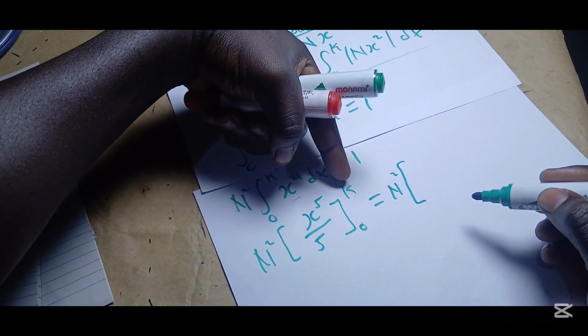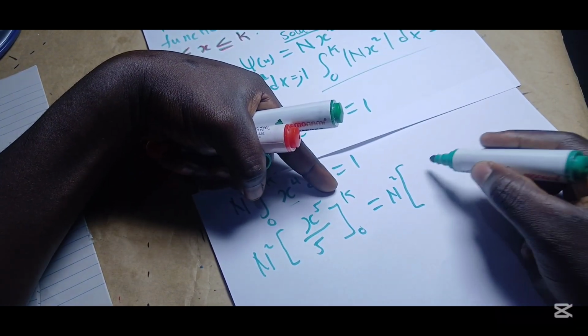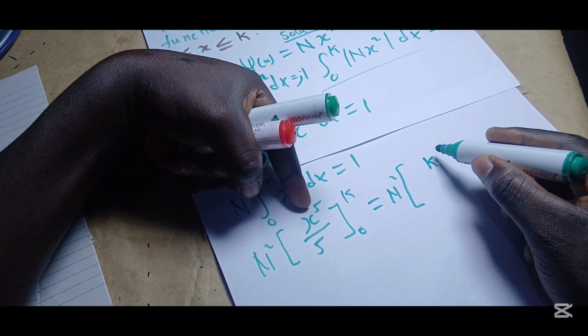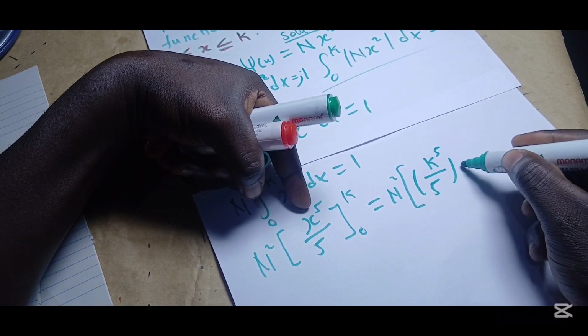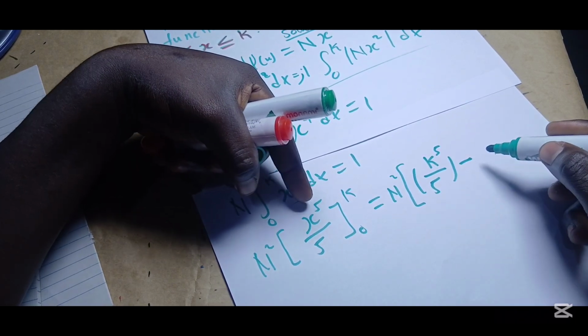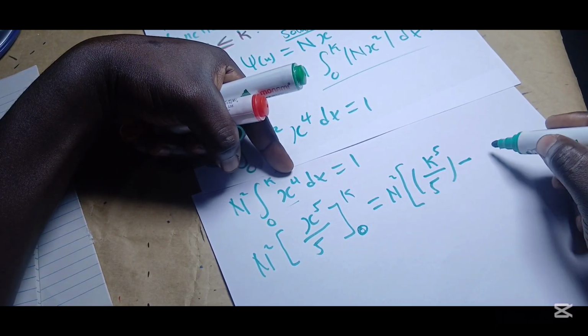We first put in our upper limit. Wherever we see x, we put k there. So k to the power 5, all over 5, minus, wherever we see x, we put 0 there, the lower limit.